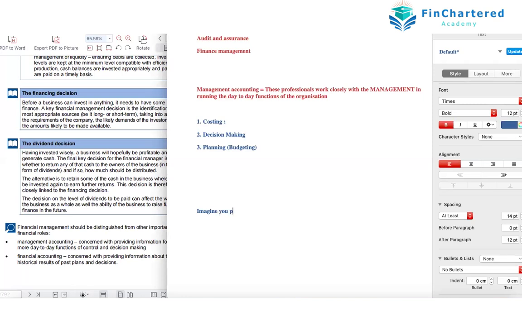Imagine you plan to lose 4 kgs per month. This is the scenario. So you work out, you exercise, you follow a diet.